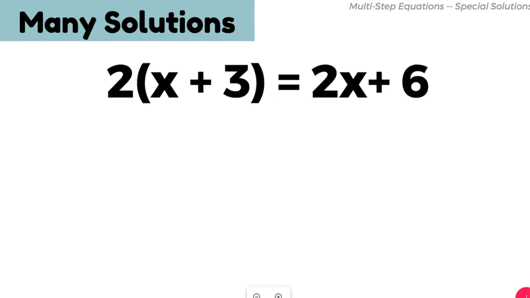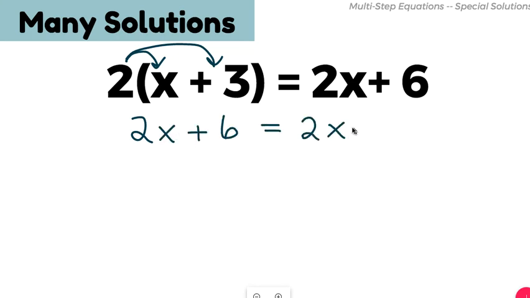Let's look at the last equation for a second. What if we were to just solve this one? We'll have to simplify this side first. I get 2x plus 6 equals 2x plus 6. Eliminate whatever you want first. I'll go with the first thing I see here.